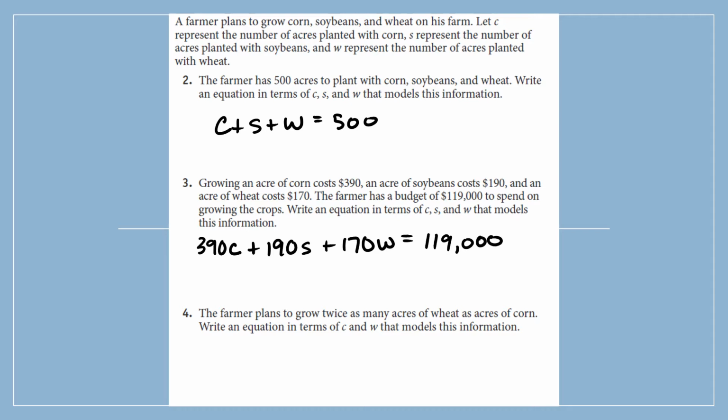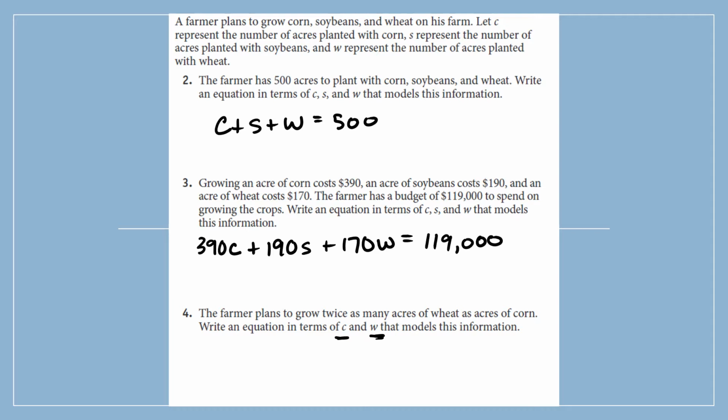Farming's not cheap. The farmer plans to grow twice as many acres of wheat as acres of corn. Write an equation in terms of C and W that models this information. Whoa, think about that. It's not that complicated, but you've got to think.